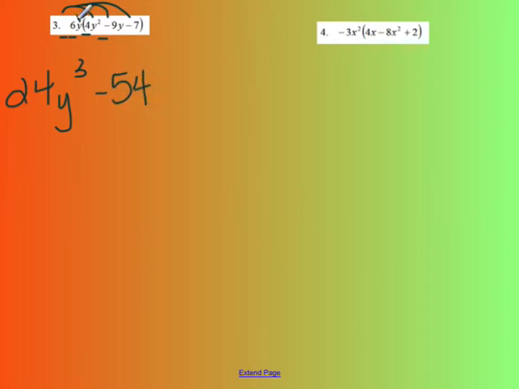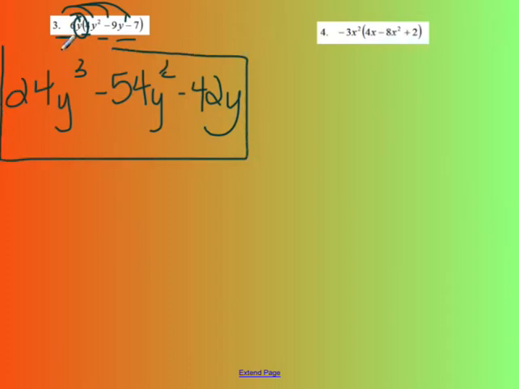And then I'm multiplying y to the 1st times y to the 1st, so I add those exponents and get y squared. And then I have 6 times -7, which is -42. And then I make sure I tack on a y with it. Your exponents are going in descending order here, so this is your final answer because it's in standard form.